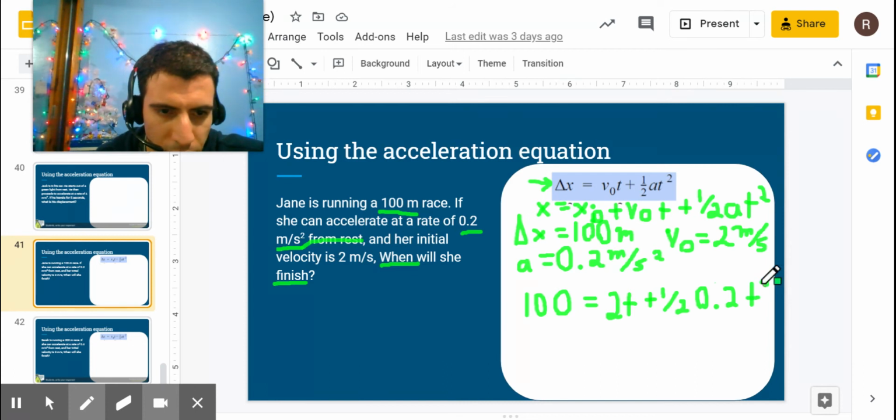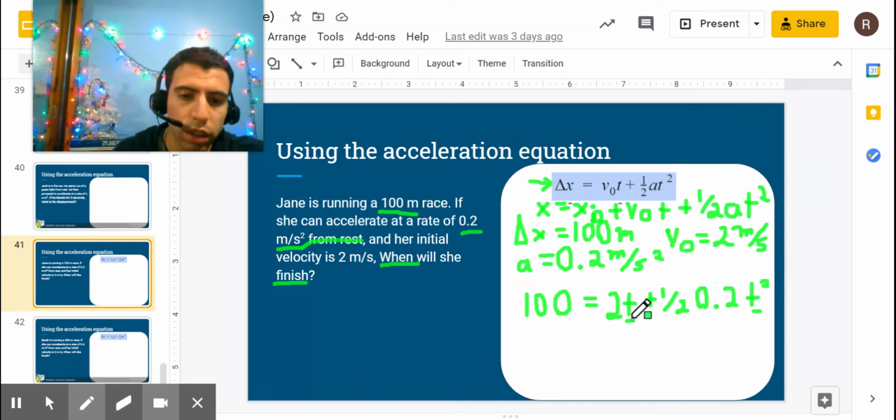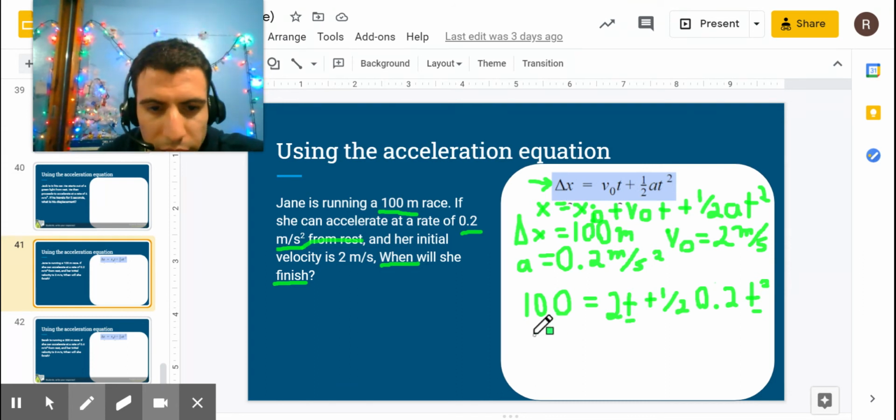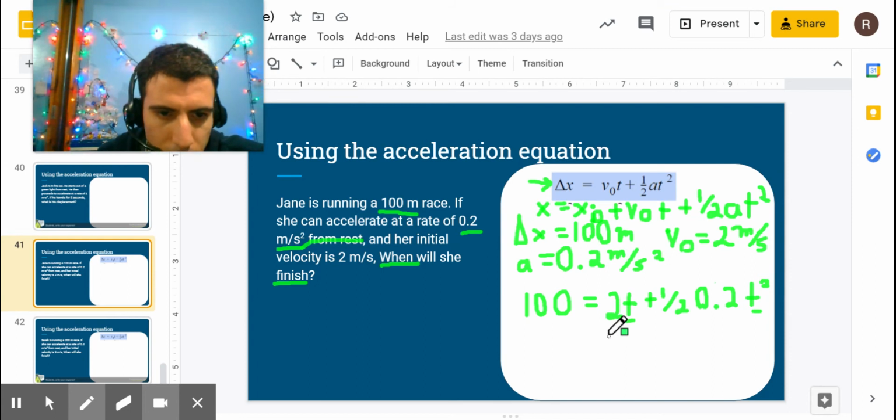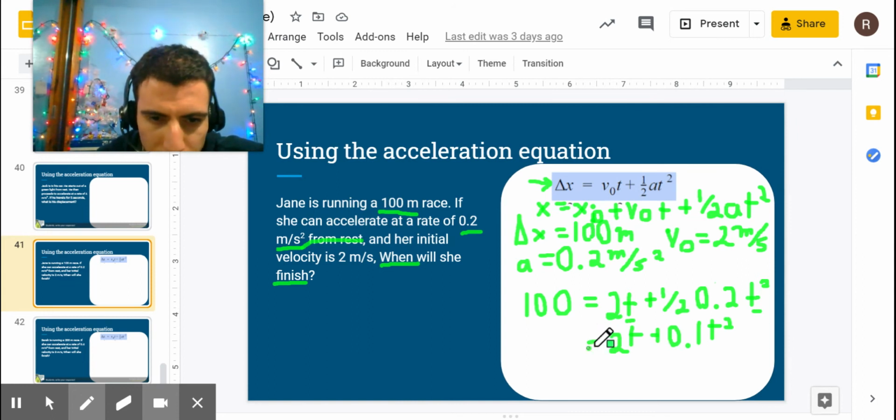Now you notice we have t here and t here. That's going to cause a problem for us. In the end we're going to end up with 2t plus 0.1 t squared, and we can't really get around this. We've got a t squared, and then we've got 100.